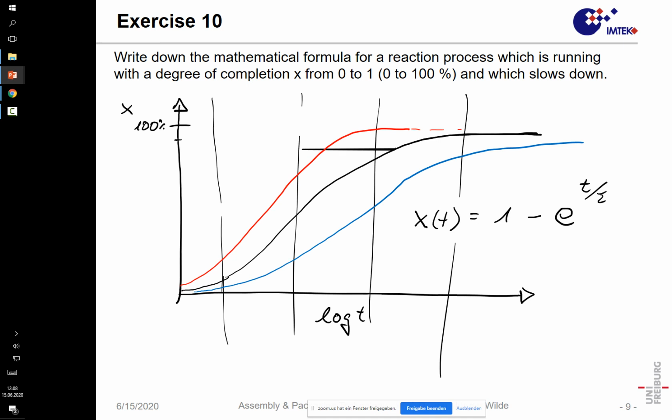Tau is a time constant. And in that way, we could describe such an S-shaped function. Okay, that's a very important function because almost all processes we have in chemistry go into saturation, and here in that way we can describe a saturation at 100%.